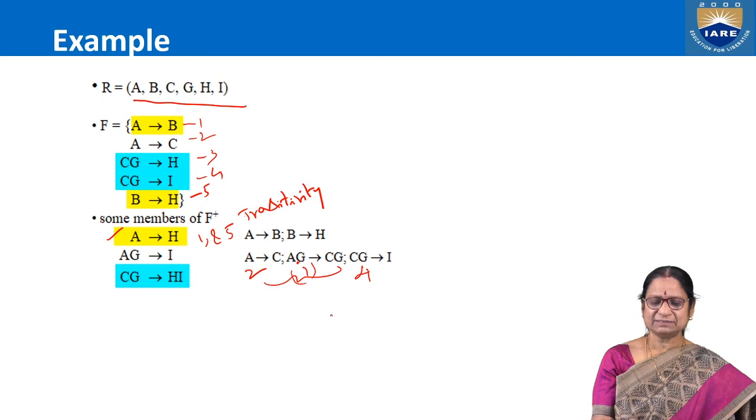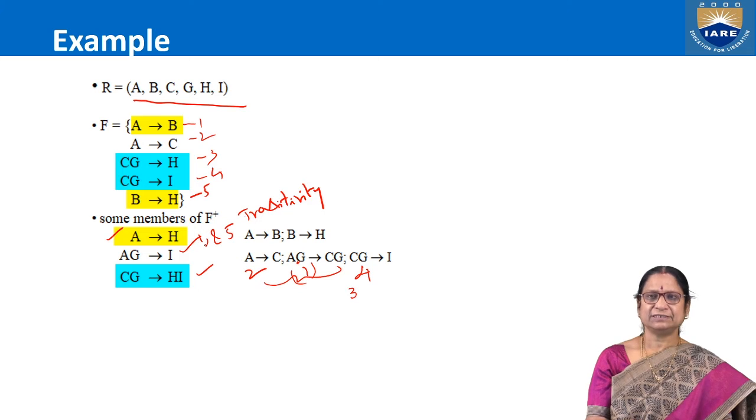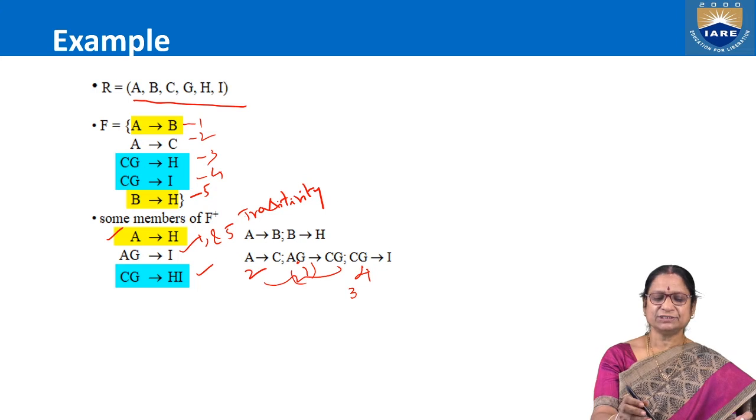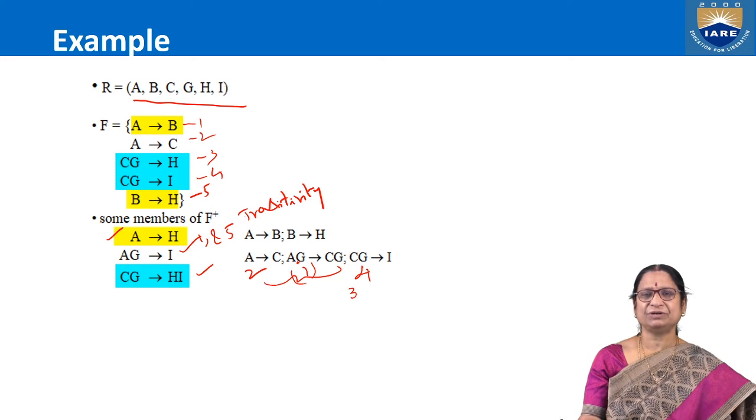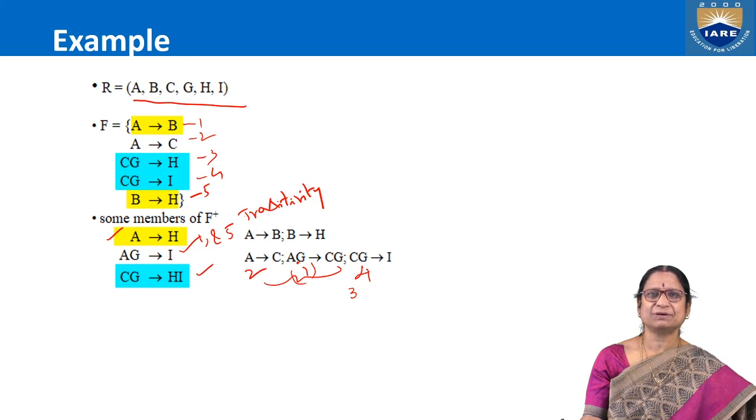Similarly, from AG determines CG and CG determines H, that is by using the third one, we will get AG determines H. By adding C on both sides also, you can consider AG determines I, CG determines HI. So like this, you can generate more FDs, which are considered members of the F closure by using inference rules.